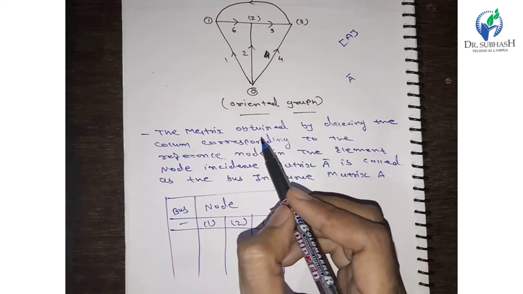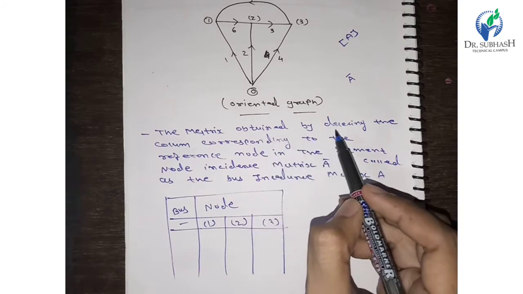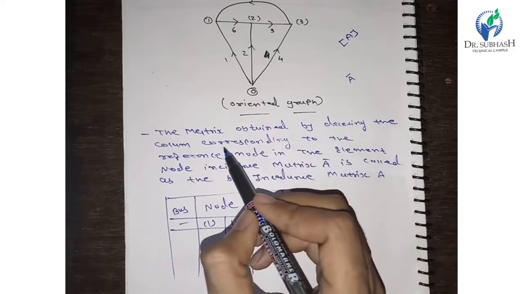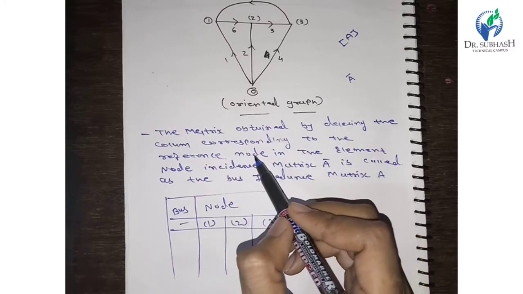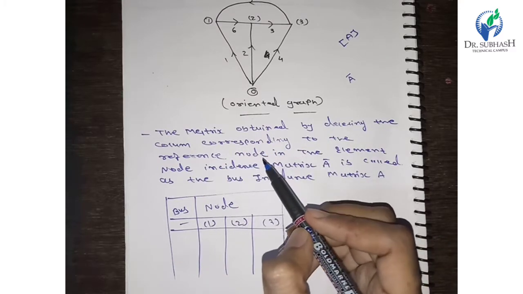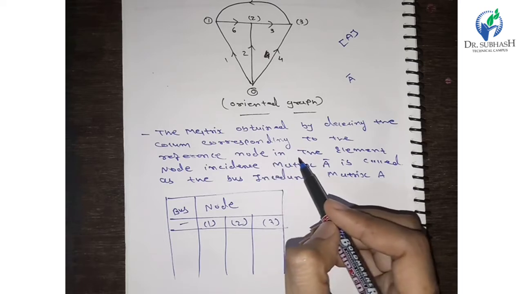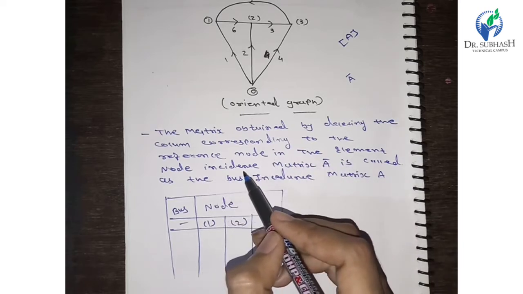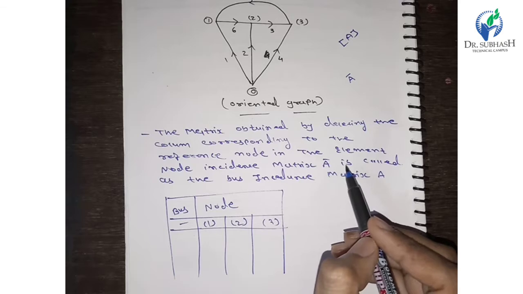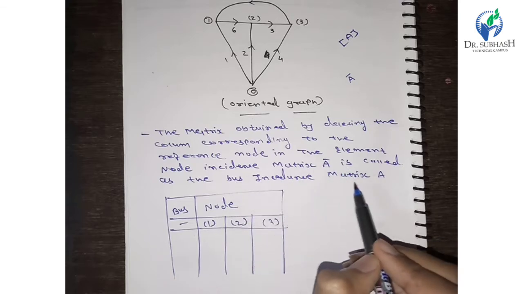Here the definition says we delete the column corresponding to the reference node. We delete the column of the reference node. Then the element-node incidence matrix A bar is called the bus incidence matrix.